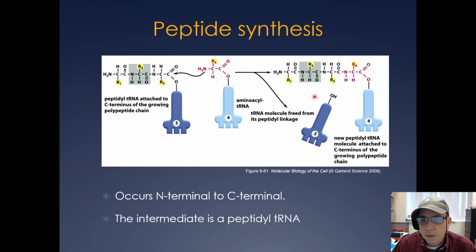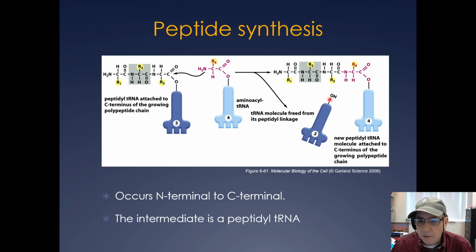It'll attack from the N-terminal to the C-terminal end of the protein, and then the OH on the spent tRNA is removed, and then you're left with a brand new peptidyl tRNA molecule that's attached to the growing polypeptide.